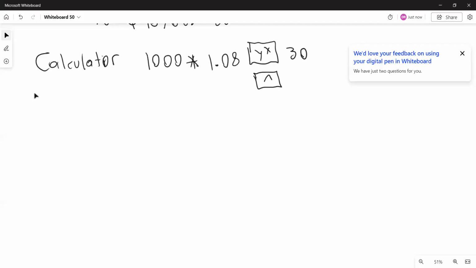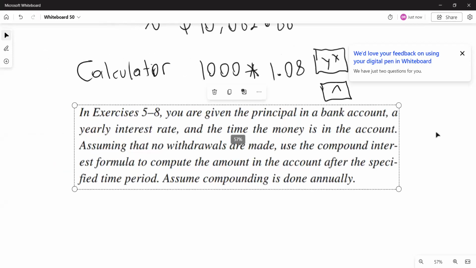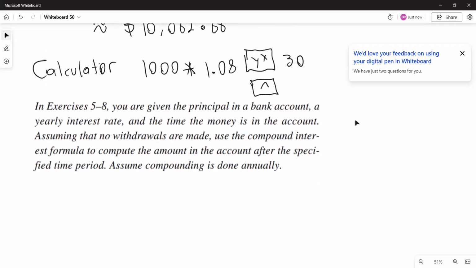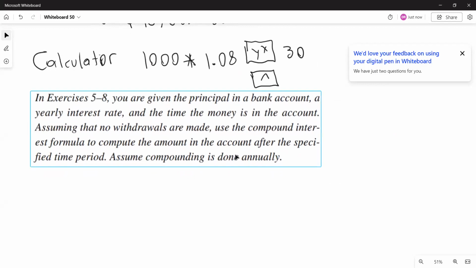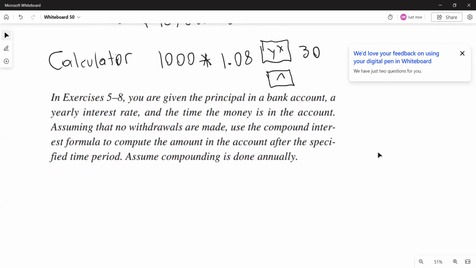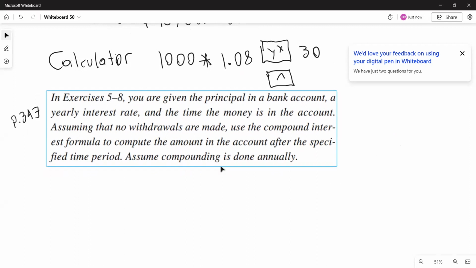I believe I shared the screen after I show you how to do it on the calculator, but in exercises 5 through 8, you are given the principal in a bank account, a yearly interest rate, and the time the money is in the account. Assume that no withdrawals are made. Use the compound interest formula to compute the amount in the account after the specified time period. Assume compounding is done annually. Number 6.